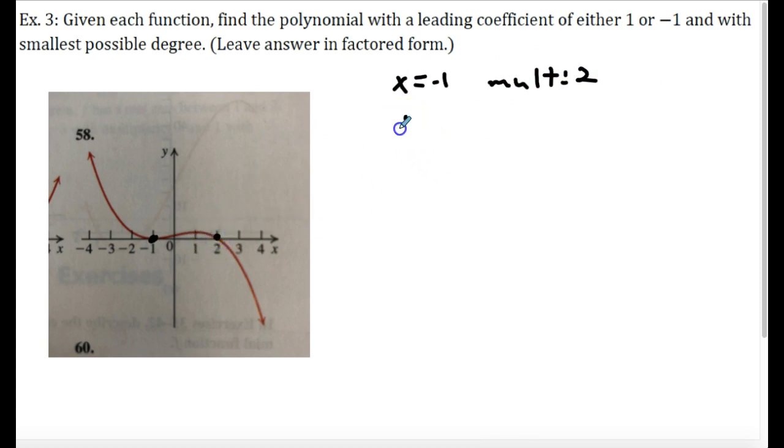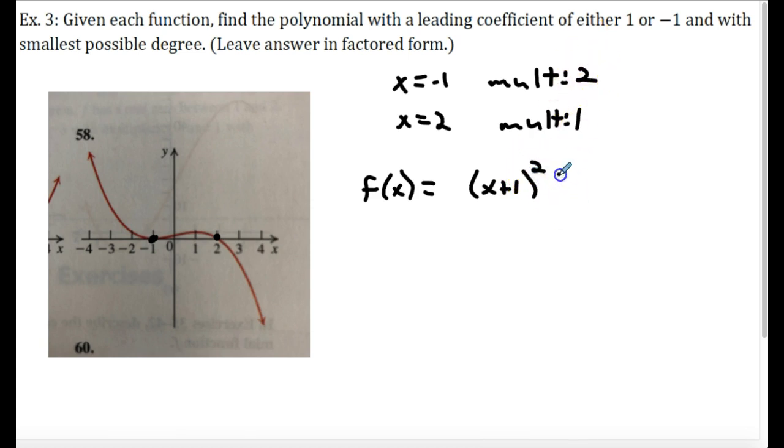Then x equals 2, and that crosses, so that will have a multiplicity of 1. So to write my function, I can say x plus 1, and that'll be squared, because it has a multiplicity of 2, times x minus 2.